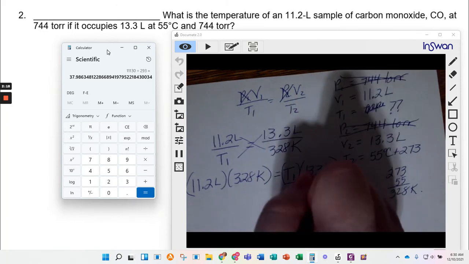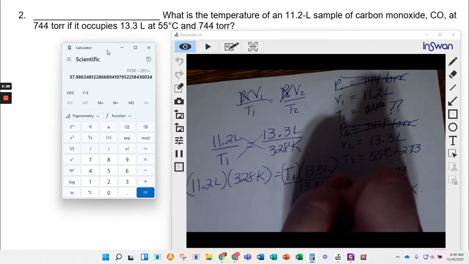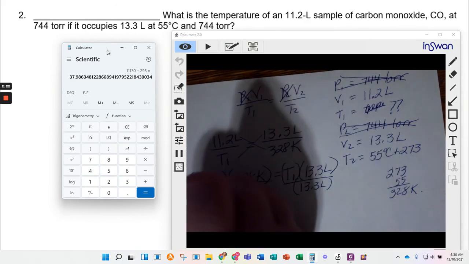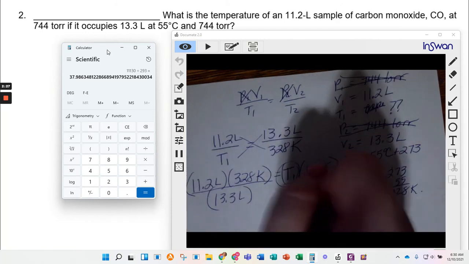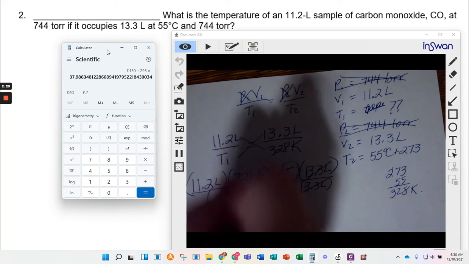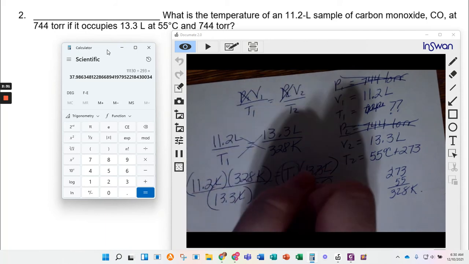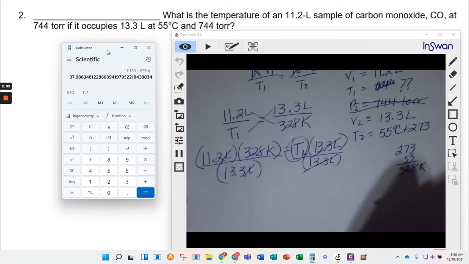So that means I need to divide both sides by 13.3 liters. This will leave me with T1 over here because those will cancel out. Liters will cancel out, leave me with Kelvin, which is a unit for temperature. So beautiful.